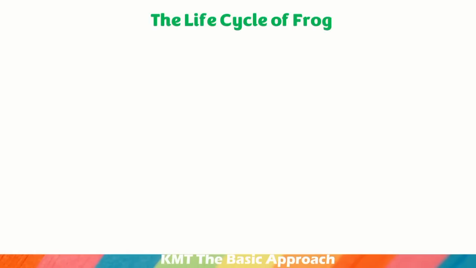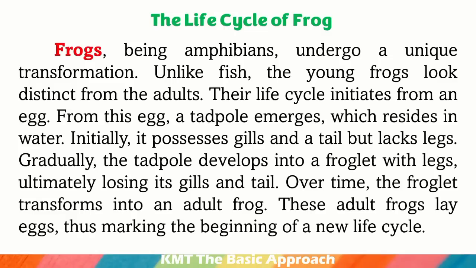The life cycle of frog. Frogs, being amphibians, undergo a unique transformation. Unlike fish, the young frogs look distinct from the adults. Their life cycle initiates from an egg. From this egg, a tadpole emerges which resides in water.